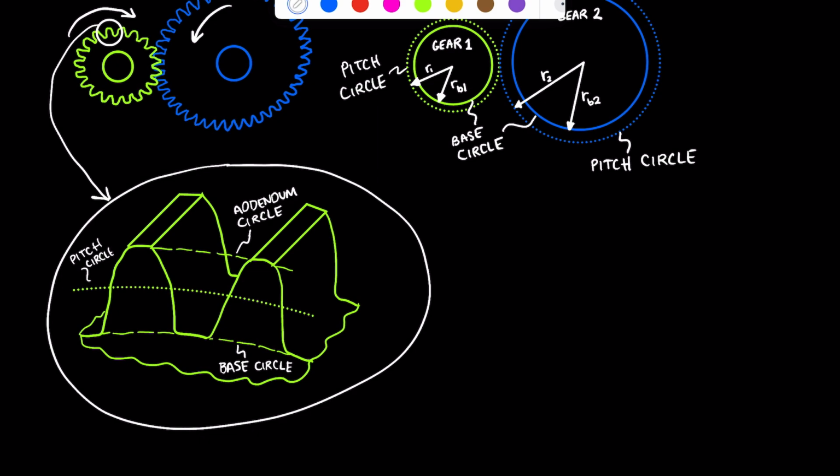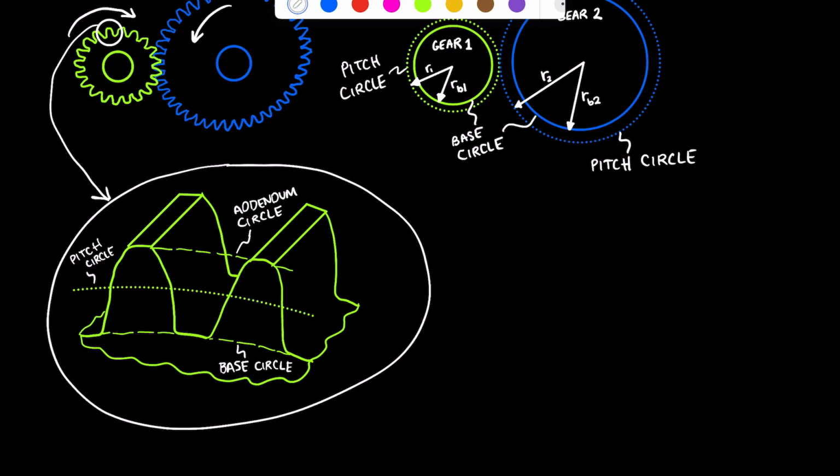It's not necessarily halfway between. There are ways that we can calculate what that pitch circle is, and we'll talk about how to do that in just a second. But for now, just know that it is the theoretical circle that has the contact point between the two interfacing gears.